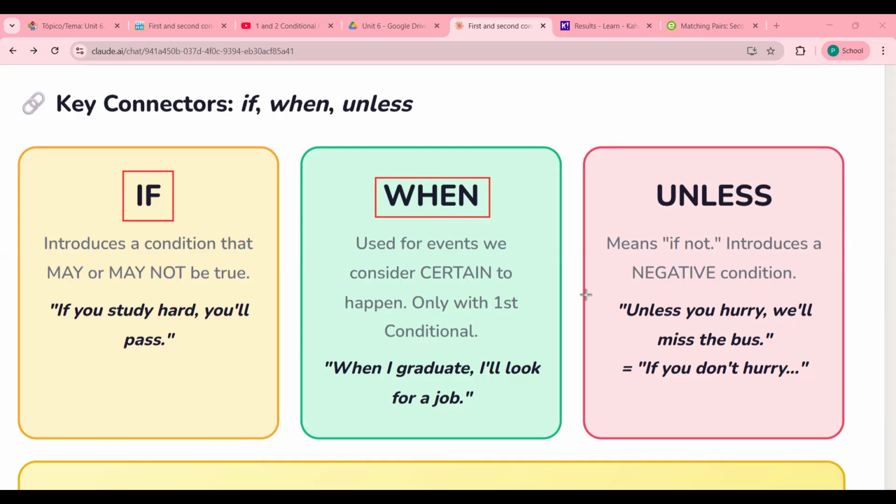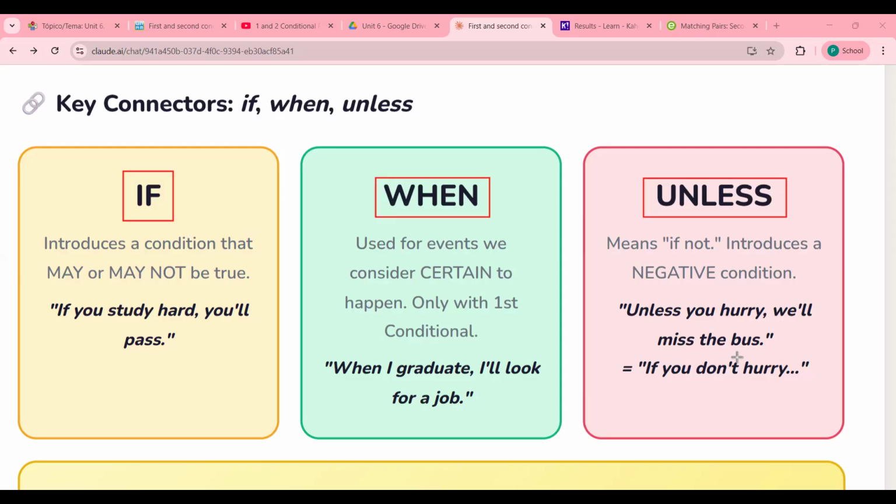When is used for events we consider certain to happen, only with first conditional. When I graduate, I will look for a job. Yes. Now, unless. Unless means if not, it introduces a negative condition. Unless you hurry, you will miss the bus. If you don't hurry.